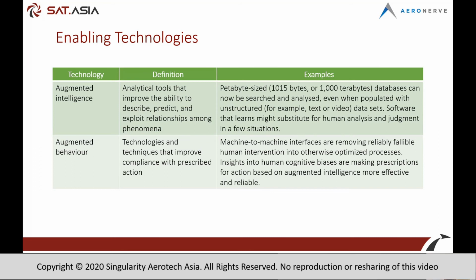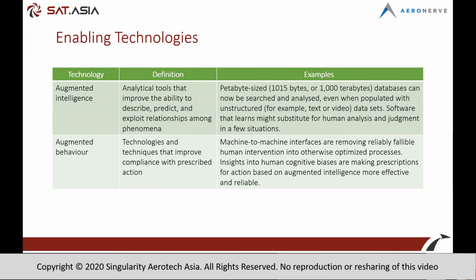And then you have the technology of augmented behavior. Now you know what to do already from the analysis. You know what will happen. You know how the processes can be improved. Now I can take the action as a human to make changes to the current operation, for example.